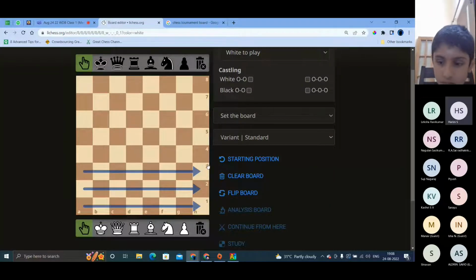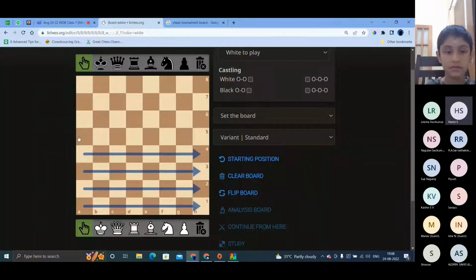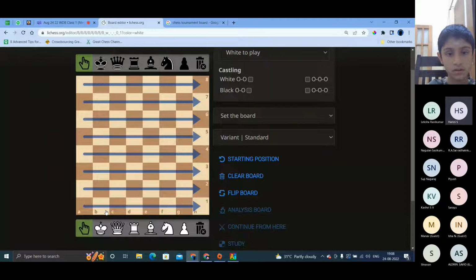In English we call it row. For you, if I say sleeping line, it is easy, right? Now this is fourth rank, fifth rank, sixth rank, seventh rank, and this one is eighth rank. 1, 2, 3, 4, 5, 6, 7, 8.